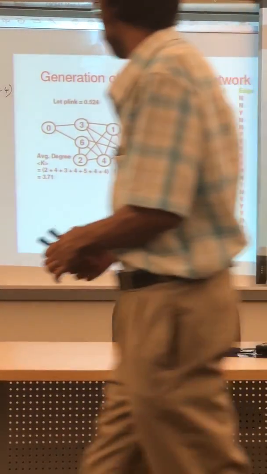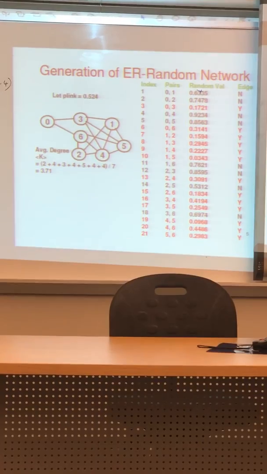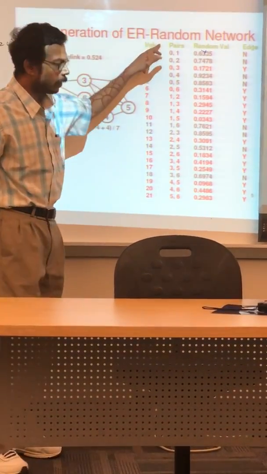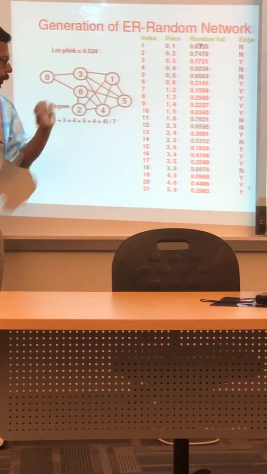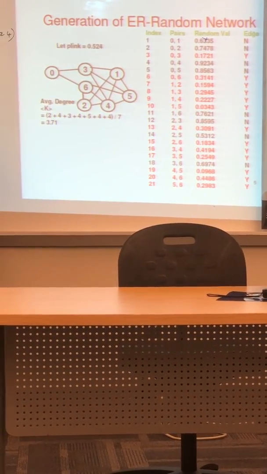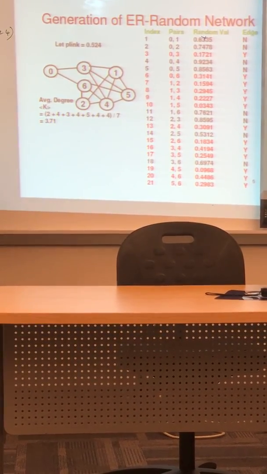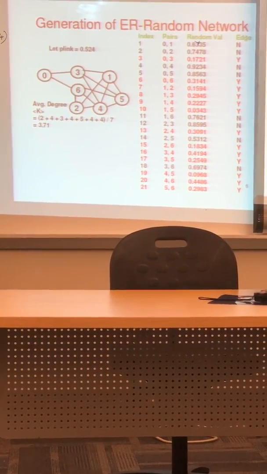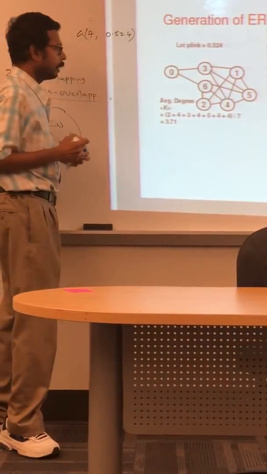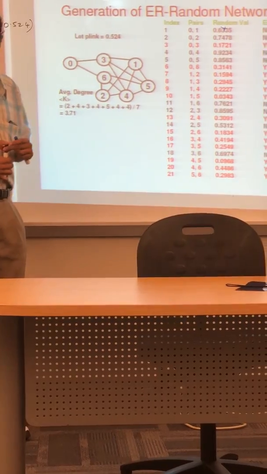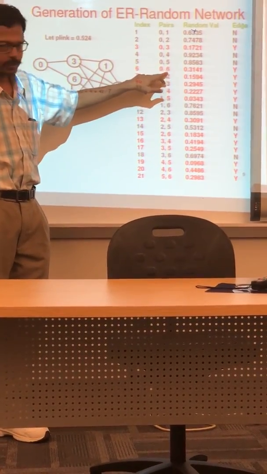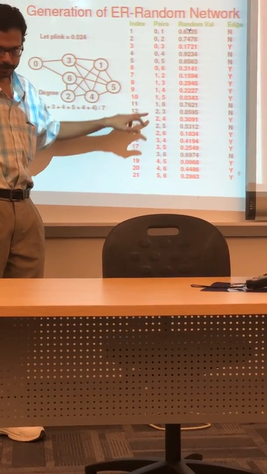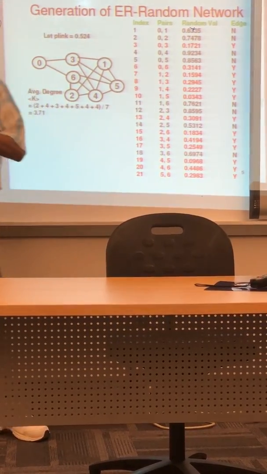The procedure is to write down all pairs of vertices. If we have 7 vertices, running from 0 through 6, the pairs are 0,1; 0,2 up to 0,6; then 1,2; 1,3 up to 1,6; and so on up to 5,6.